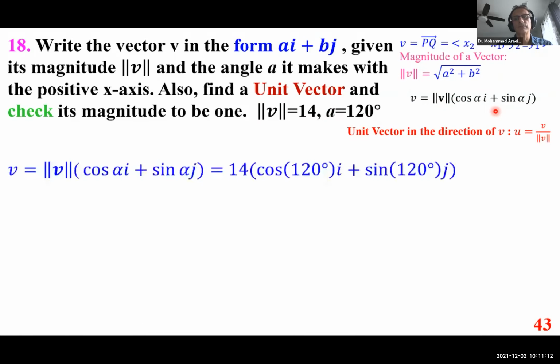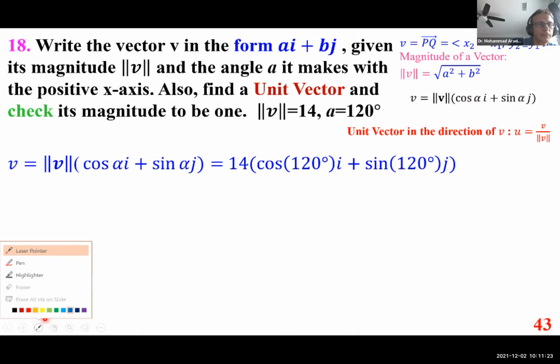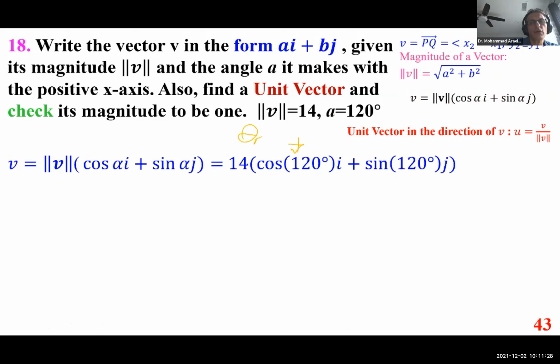Let's do that. So we are looking at this formula and we're going to plug in. Now, 120 degrees. Reference angle is 60 degrees. 180 minus 120 is 60 degrees. Theta sub r, theta prime. There are different ways of writing it. So cosine and sine would be the same as 60 degrees.